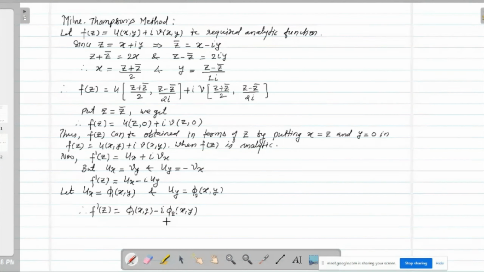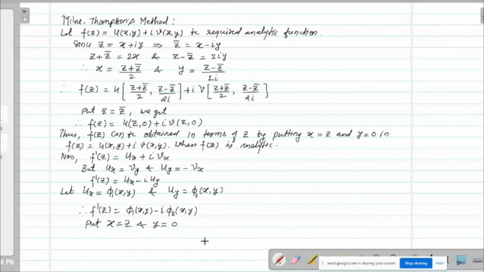But here what I have to do? We put x equal to z and y equal to 0 in this expression.